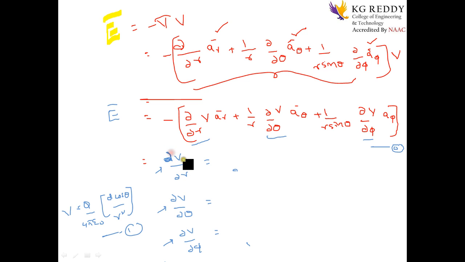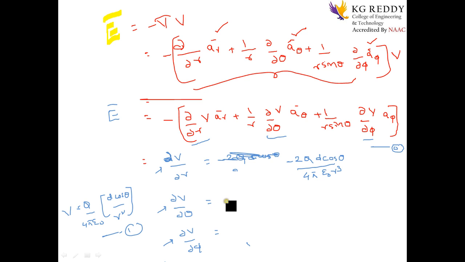When you are doing the partial derivative of this absolute potential with respect to dou r, you will be getting an equation like 2q d cos theta by 4 pi epsilon naught r cube.